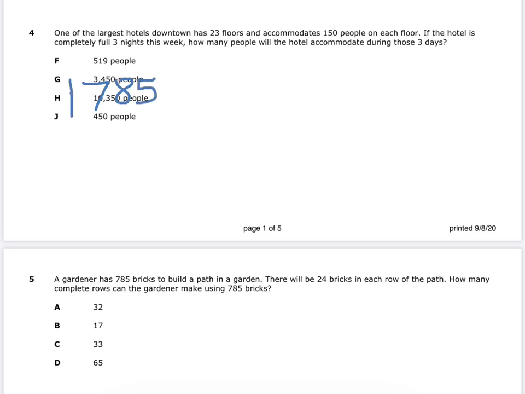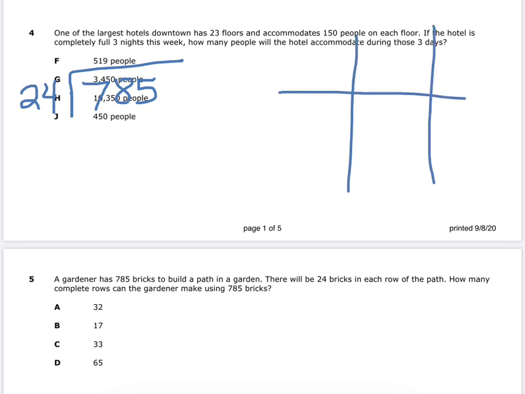785 divided by 24. Okay, so one thing I've said with the classes is that when you are dividing, do a tic-tac-toe board. Okay, we're dividing by 24, so that means we're looking for 24 times a number. So we're going to make a tic-tac-toe board for 24. We don't know our factors for 24.